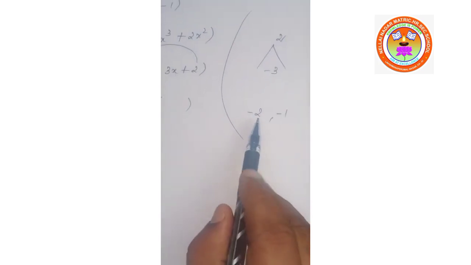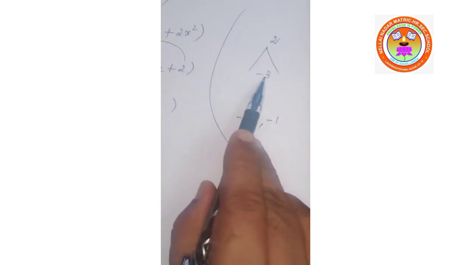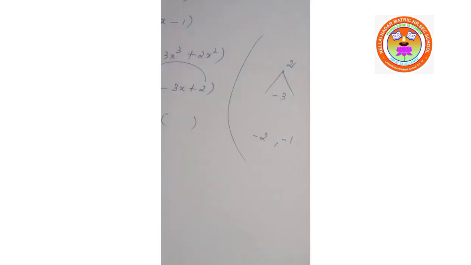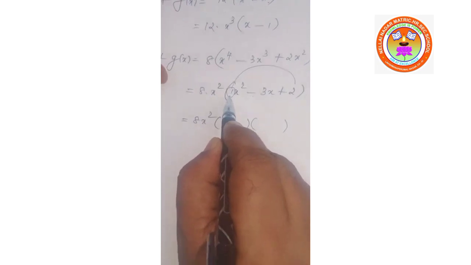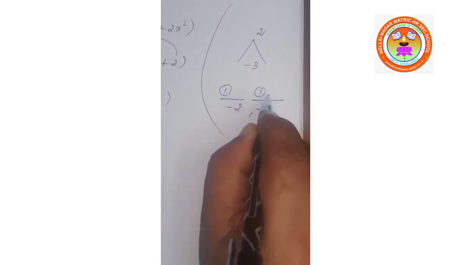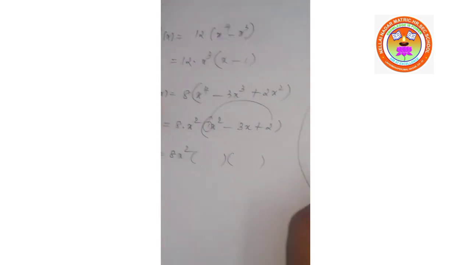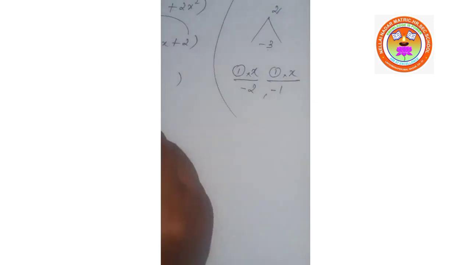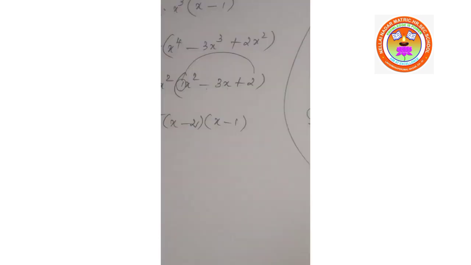Now we can verify. Minus 2 minus 1, if you add, you will get minus 3. If you multiply the two numbers, minus 2 into minus 1, that is equal to plus 2. Correct. Now you have to consider the coefficient of x squared. What is it? 1. Write 1 in the numerator. We have the variable x, so put x. So 1 into x, x minus 2. 1 into x, x minus 1. Over.